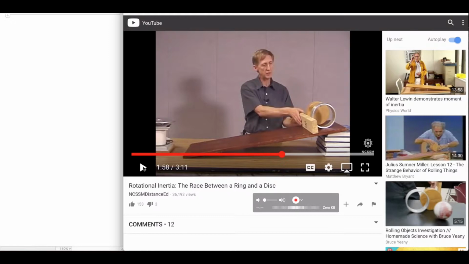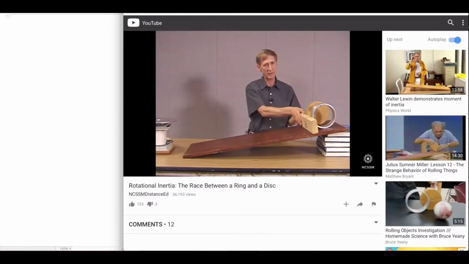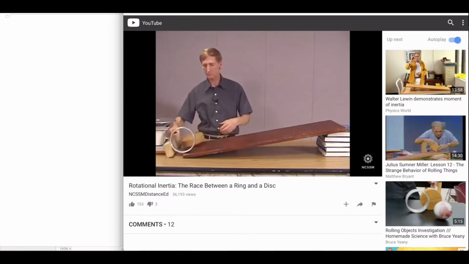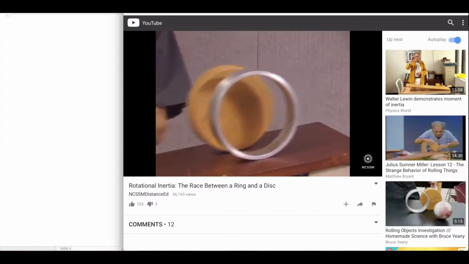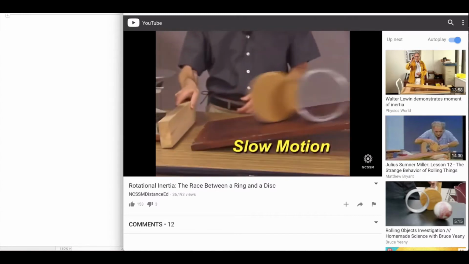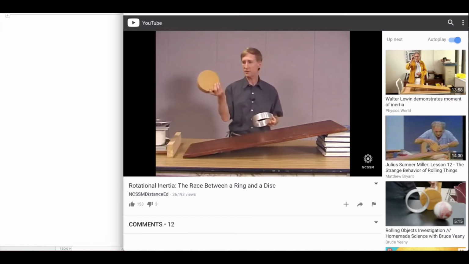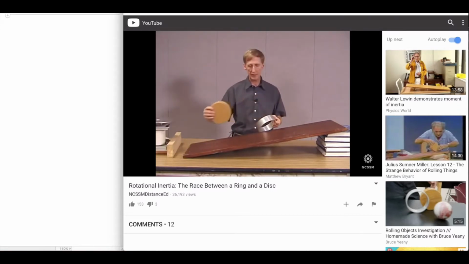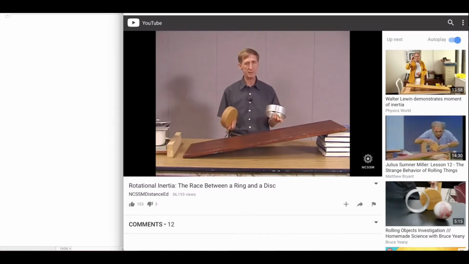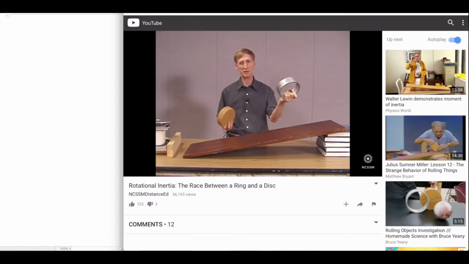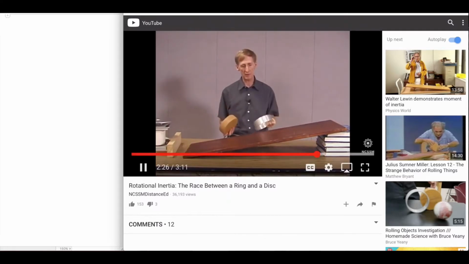And so let's go ahead and continue the race. And you see the solid disc makes it down the incline first. And that's because the solid disc has less rotational inertia. So it's going to be easier to bring the solid disc into rotational motion compared to the hoop.